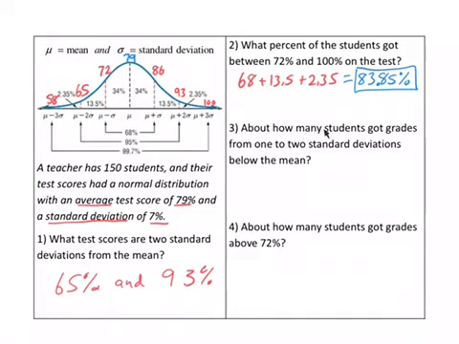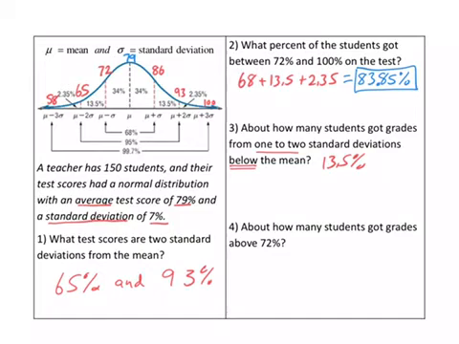Next, about how many students got grades from 1 to 2 standard deviations below the mean. So the key here is below the mean, and it's 1 to 2 standard deviations. So below the mean, here's the mean, 1 standard deviation here, 2, so we're talking between that, so we're talking 13.5%. But the question's asking how many. So if we go back, weren't there 150 students taking the test?